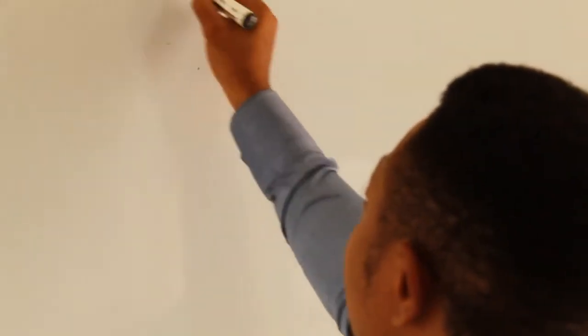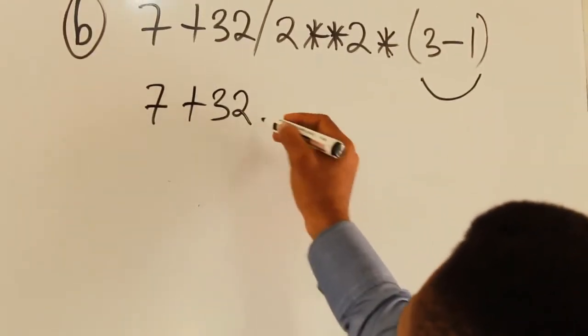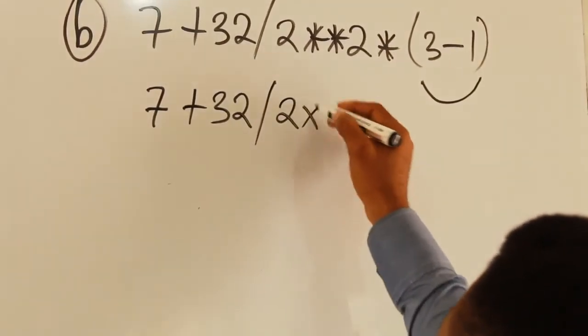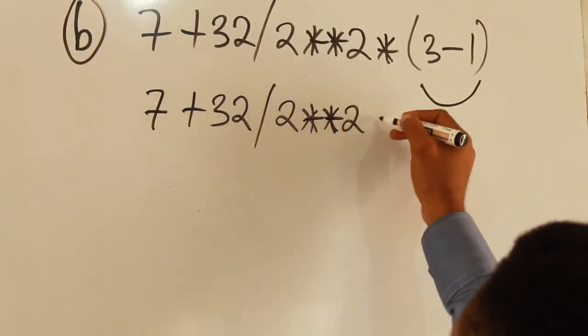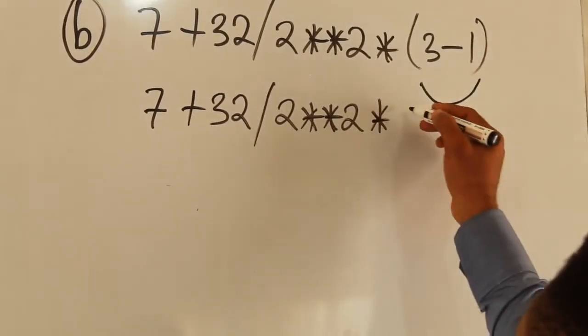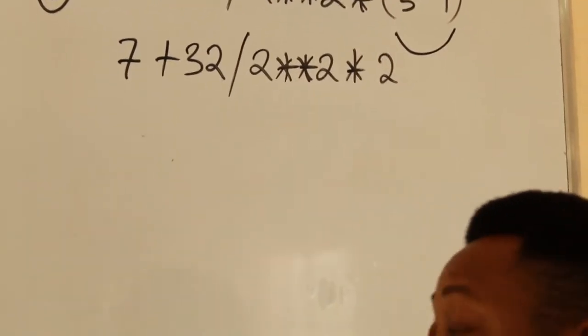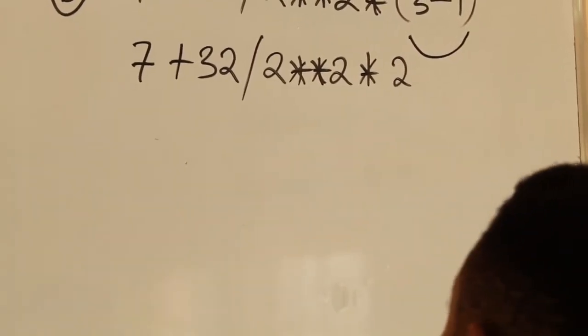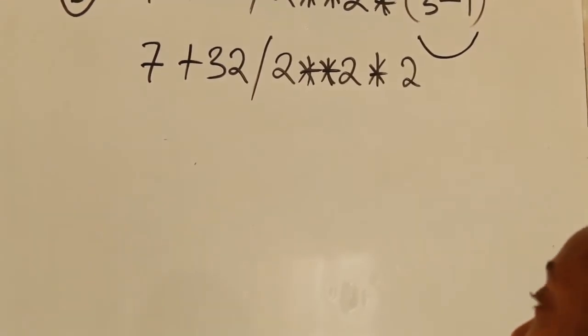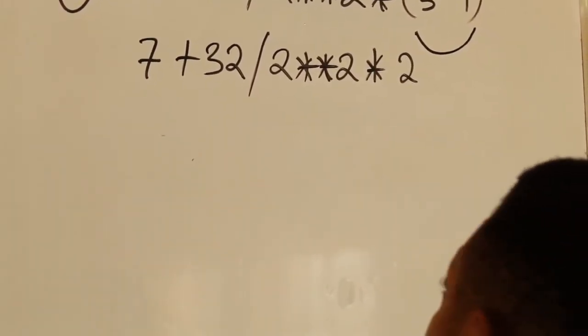So this is 7 plus 32 divided by 2 exponent 2 multiplied by 2, because 3 minus 1 is 2. Now, what is the next according to BEDMAS?